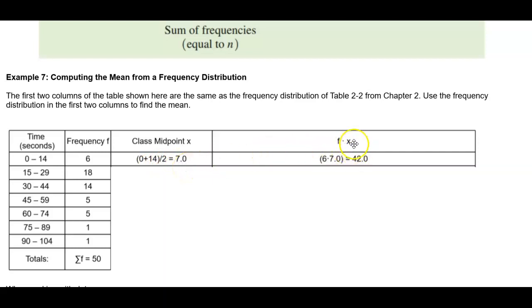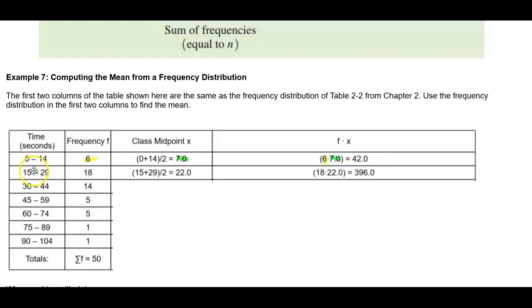Now, in this column over here, we need to take the frequency, which is 6, and then multiply it by the class midpoint of 7.0. That gives us a total of 42.0. Okay, next, we're going to look at the next class.